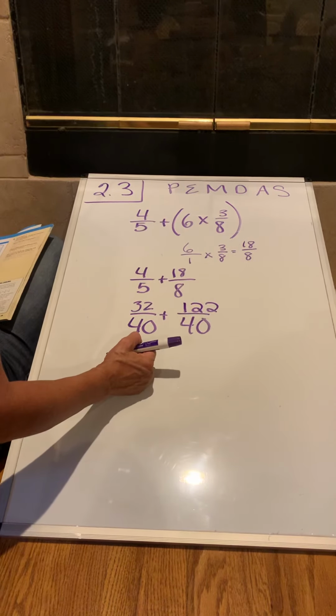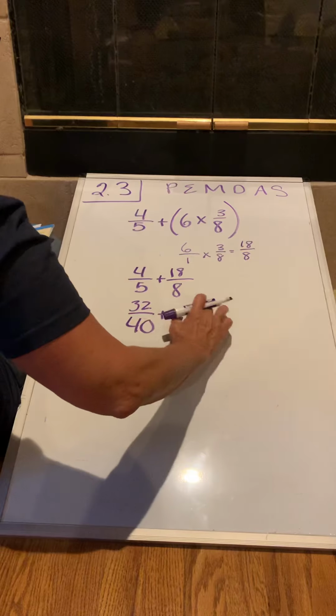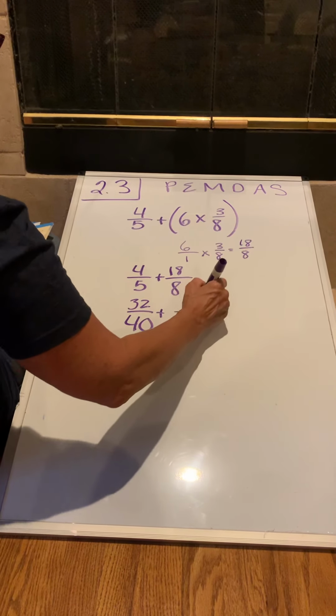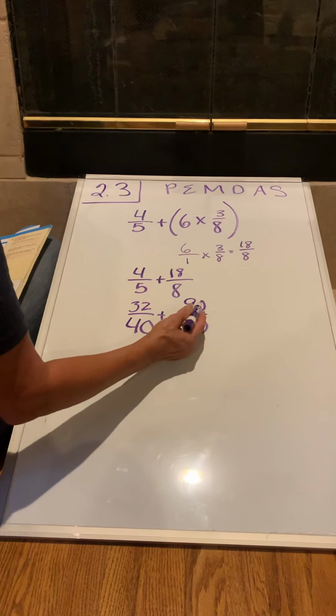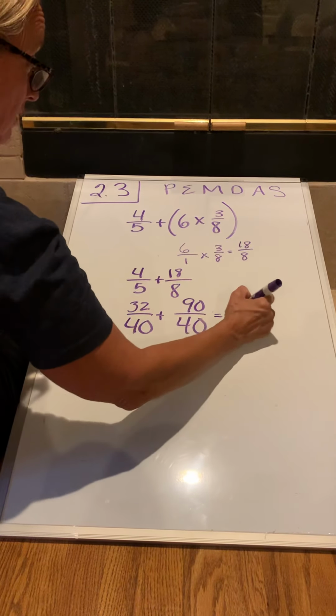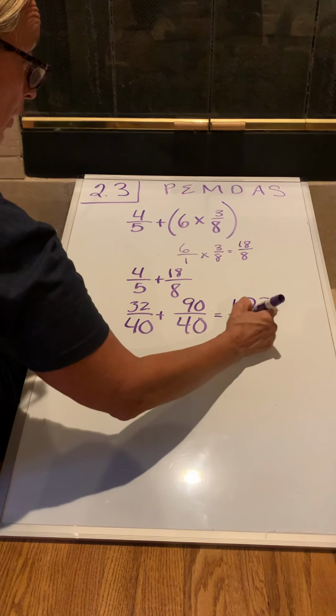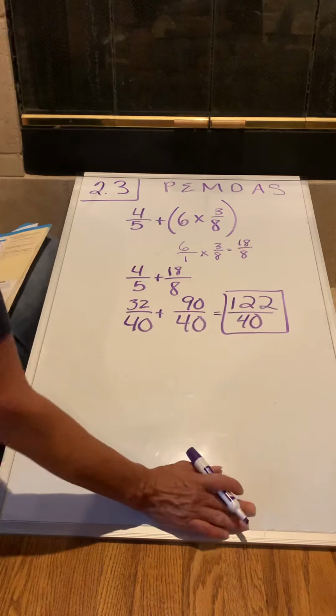So now, actually it's not, I'm sorry, boys and girls. It's 90. I apologize. So now we have 32/40 plus 90/40. And that will equal 122/40. So here again, we have an improper fraction.